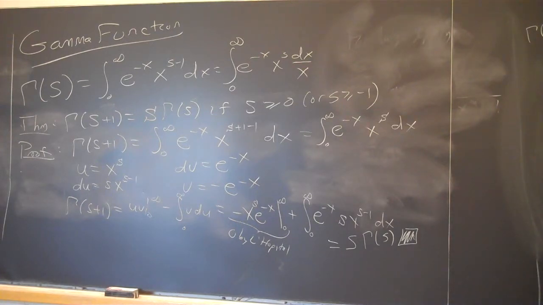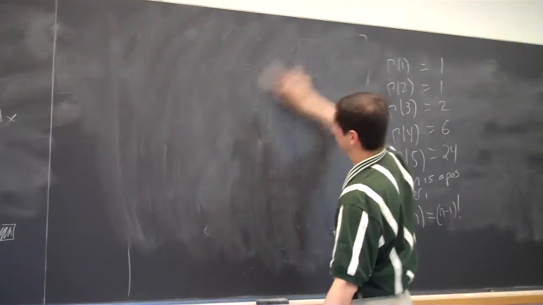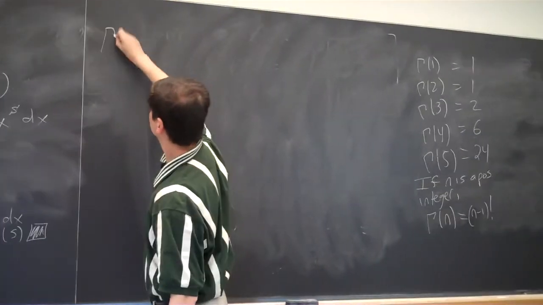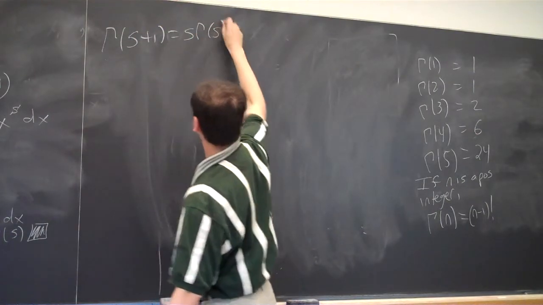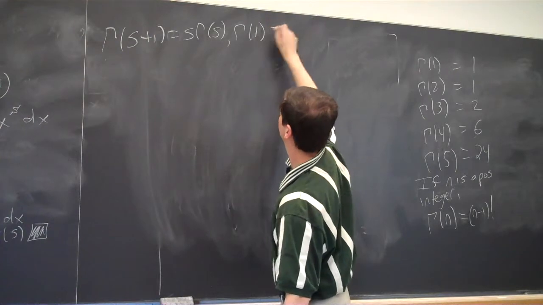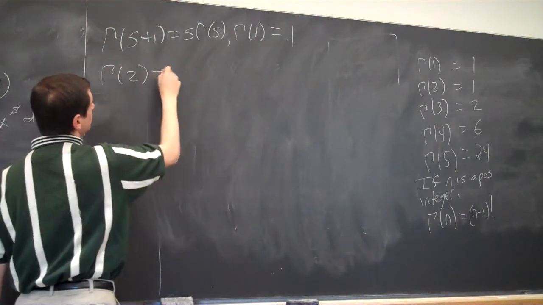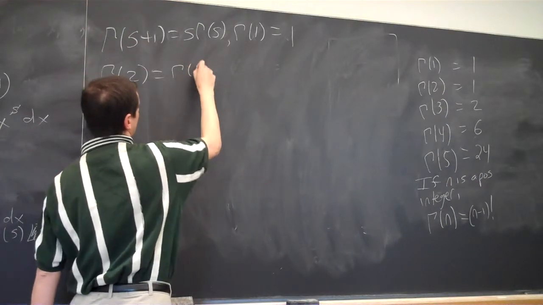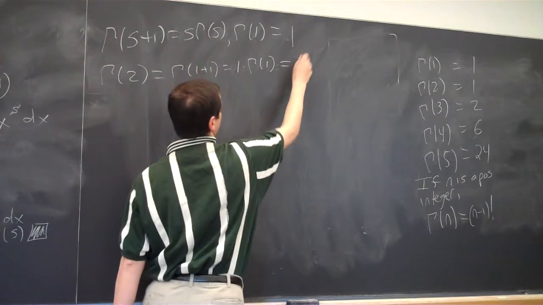Let's just do it slowly. We know gamma of s plus 1 is s gamma of s, and we know gamma of 1 is 1. So gamma of 2 is gamma of 1 plus 1, which is 1 times gamma of 1, which is 1.